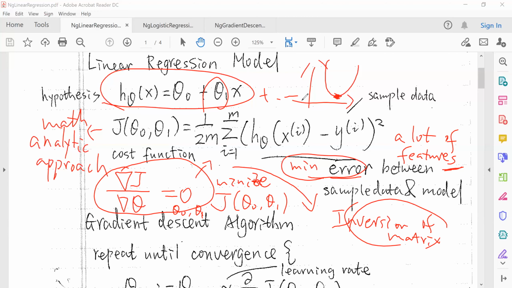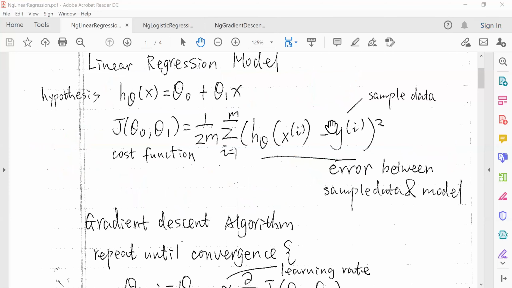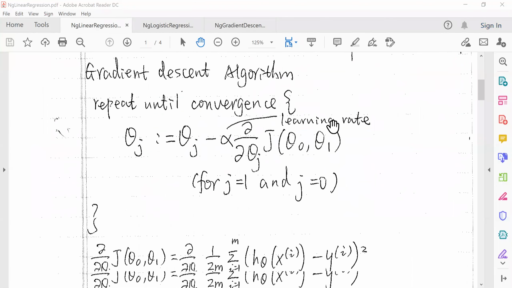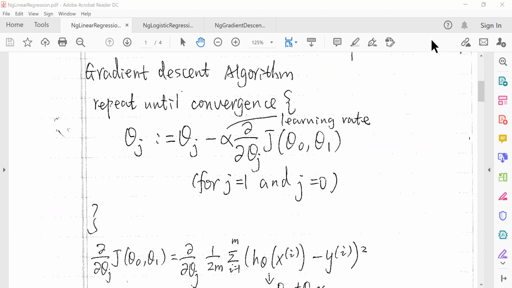But there is a way to get around it, an approximation that works pretty well, as we learned before: the gradient descent algorithm. We already know it's quite helpful.